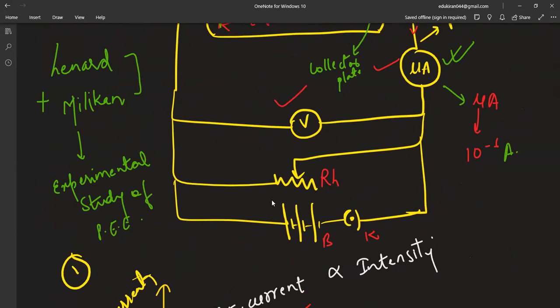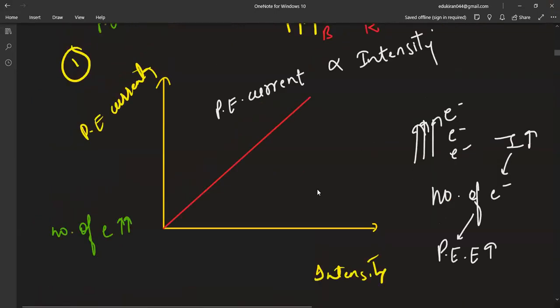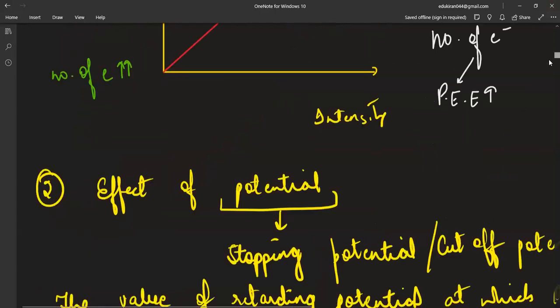So we had the entire concept of rheostat, battery and key. The first conclusion given was that as you increase the intensity, the number of electrons will increase and the photoelectric current will increase linearly. So photoelectric current is directly proportional to the intensity. This was the first conclusion.